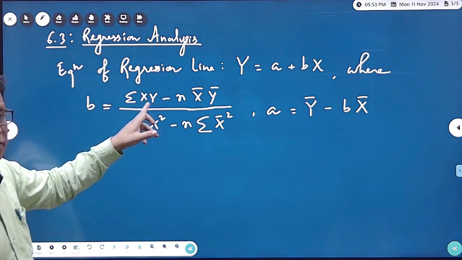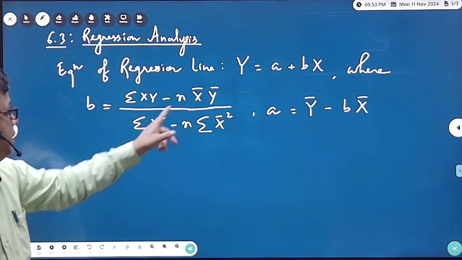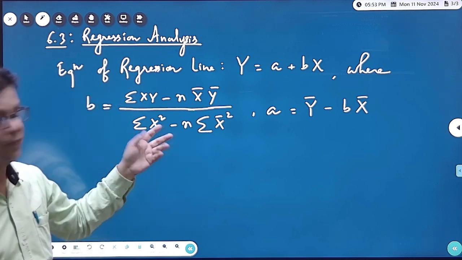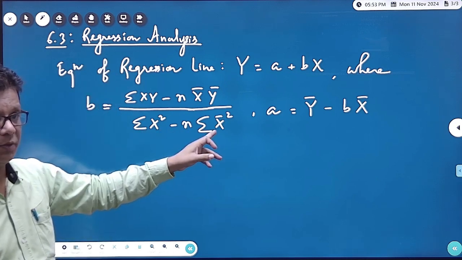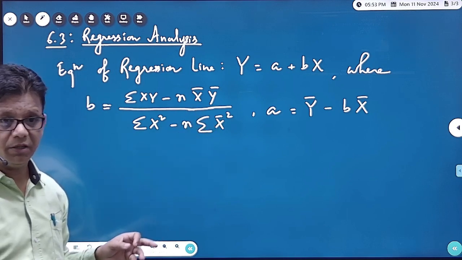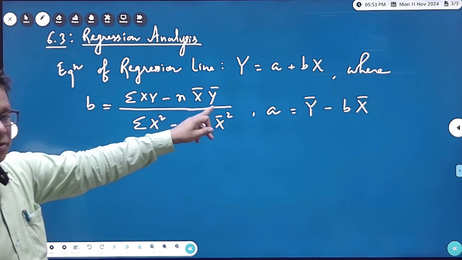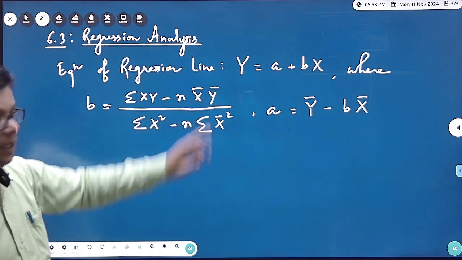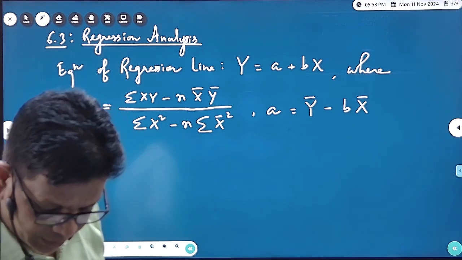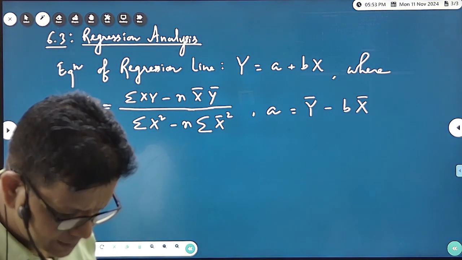Here what do you have to do? You have to multiply x and y, then x square. This is not y square. x bar is the mean, so you have to square the mean, right? And here you have to multiply x into y. Okay, and then we just have to find the value, put the value of y, right? Okay.